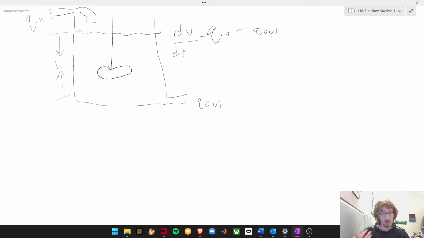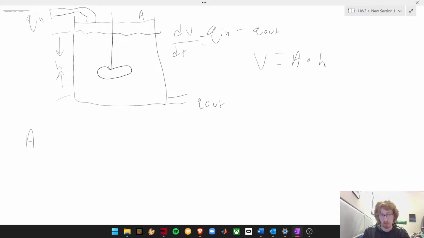So the volume in this case is going to be the cross-sectional area of our tank times the height. So a better way to write this equation, the derivative of volume with respect to time equals Q in minus Q out, is just going to be the area.